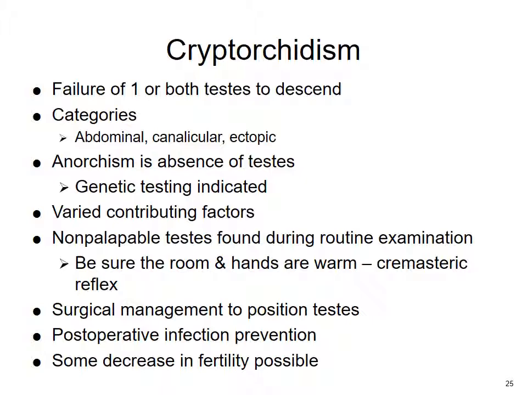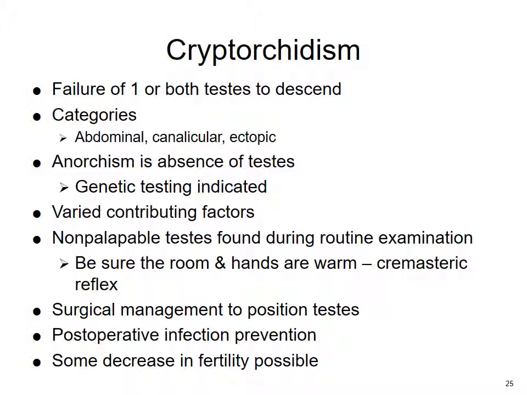We want to make sure that the room is warm and that the hands are warm, because there is a phenomenon called the cremasteric reflex that causes the testes to naturally pull up and hide and be more difficult to palpate. Once it's confirmed that the testes truly are undescended, surgical management to position them downward will be required.